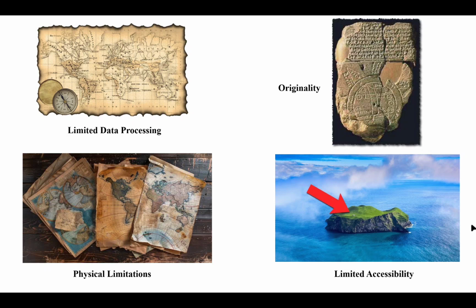The next point would be limited data processing. Now, for manual cartography, we are using a 2D surface, that is a flat piece of paper or a canvas. And when you are doing something like that, you cannot put a lot of data into one piece of paper. For example, I can show census data, I can show animal husbandry, I can show agriculture in the country of India.